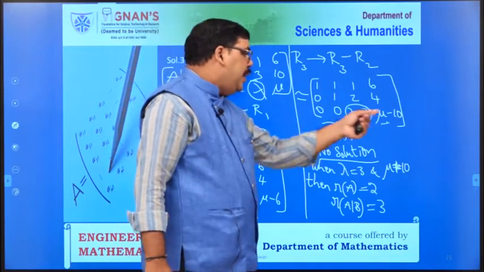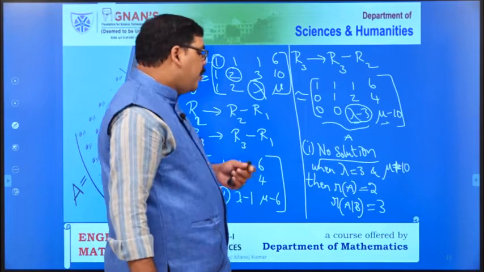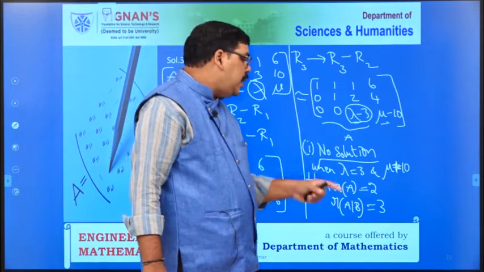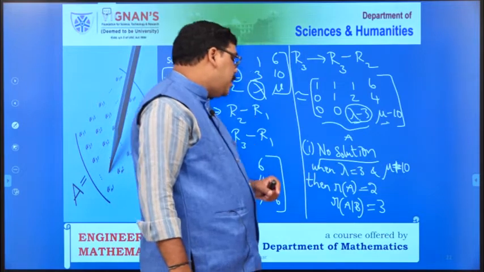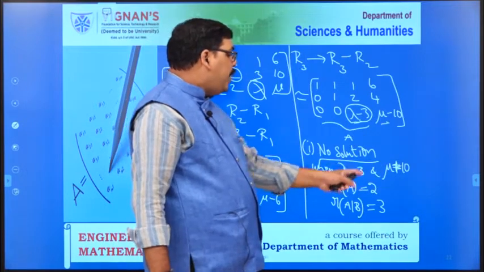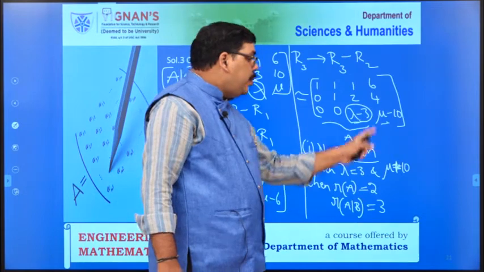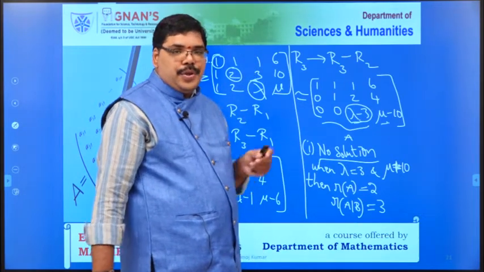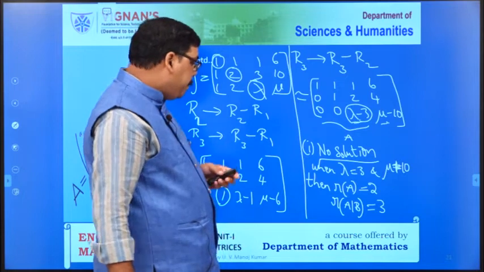So it will be a non-zero row, and rank of AB will be 3. So I choose lambda equals 3, mu not equal to 10. Then rank of A becomes 2, rank of AB becomes 3. So this gives us no solution. Okay?